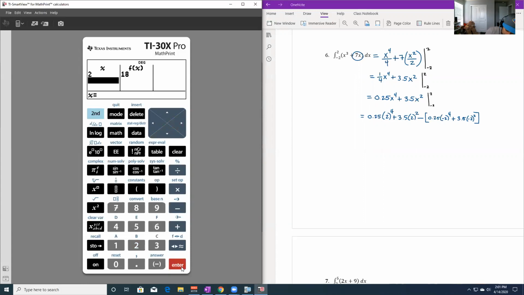So the left side of this becomes 18 minus, if I type in -2, I get 18. Which means 18 minus 18, we get 0.